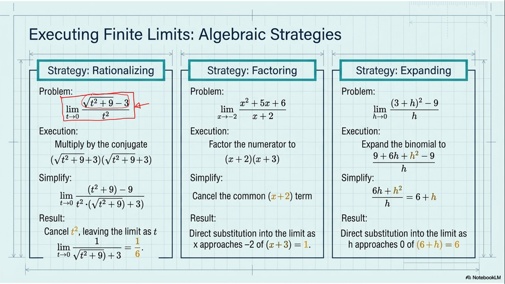We have root over t squared plus 9 minus 3, so we multiply numerator and denominator both by root over t squared plus 9 plus 3.